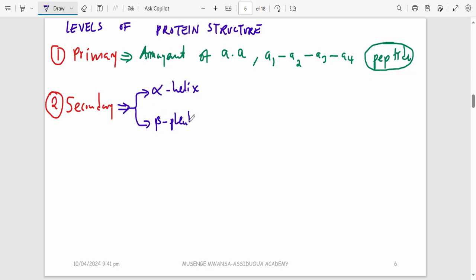These are the two structures that they can form. And how do these look? An alpha helix is like a coil. So you'll be able to see amino acids coiled like that. So that is alpha helix. And a beta pleated shape is something that looks like this. Okay, so these are the two shapes.